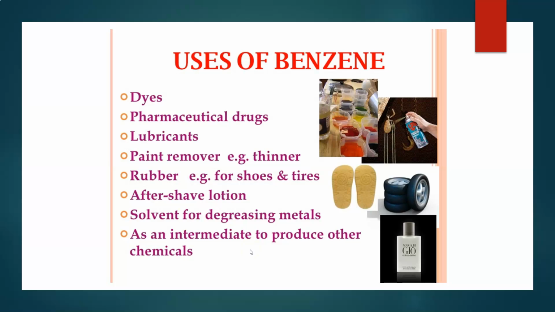The benzene is used for dyes in the pharmaceutical drugs. They can be used as lubricant, as a paint remover or thinner, and are also used in the production of rubber for shoes and tires, in aftershaves, lotion, and so on.